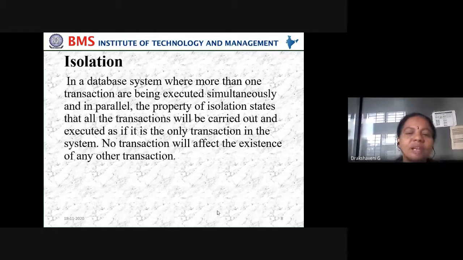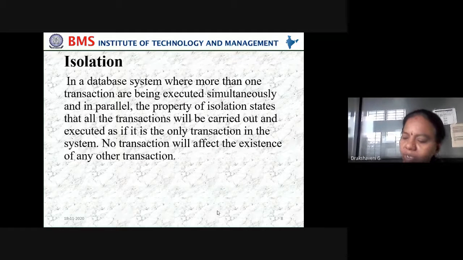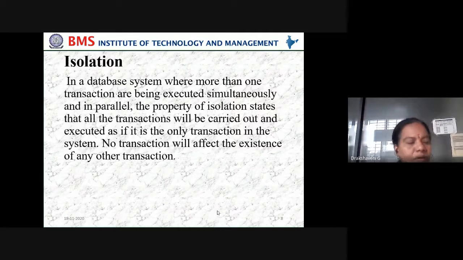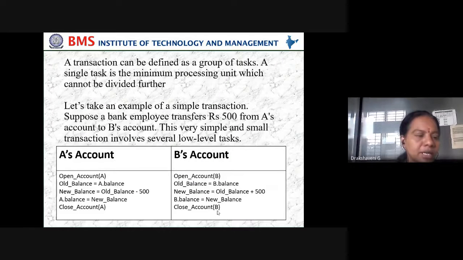No transaction will affect the existence of another transaction. So that's what we have seen. What is isolation? What is atomicity? What is durability? All these are things in the database. So what does transaction say to us?